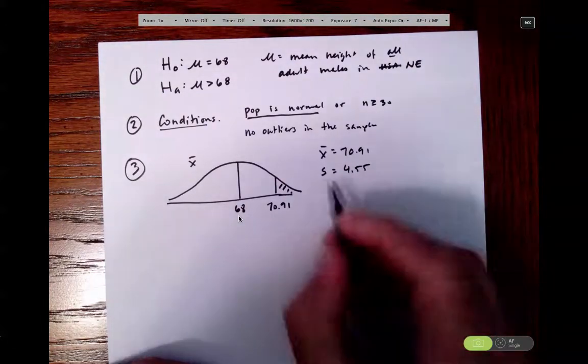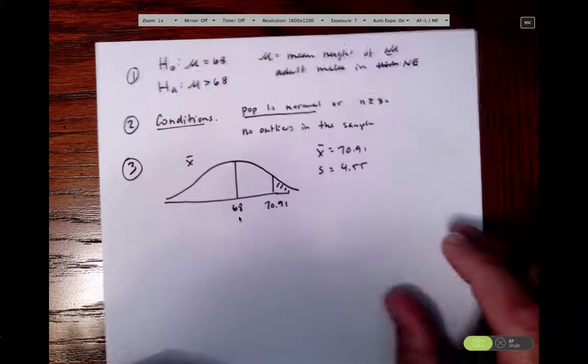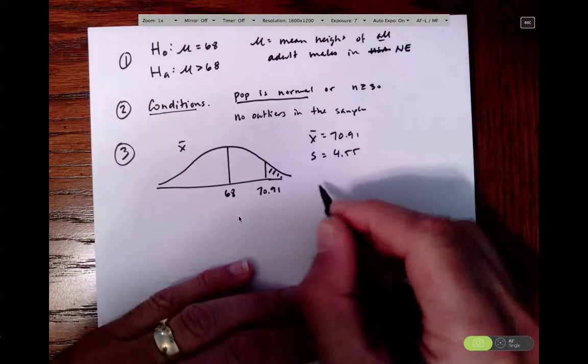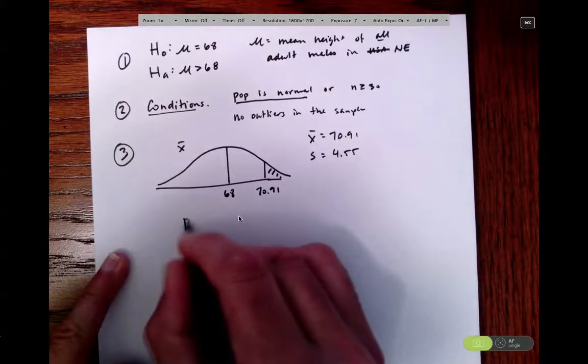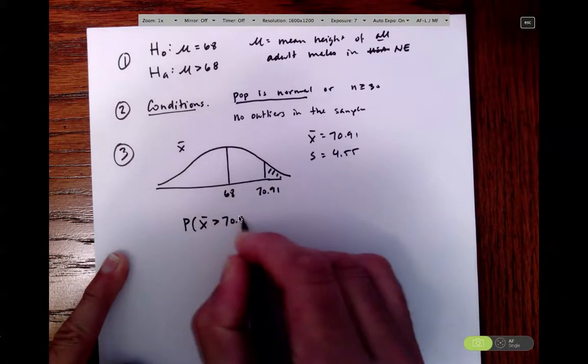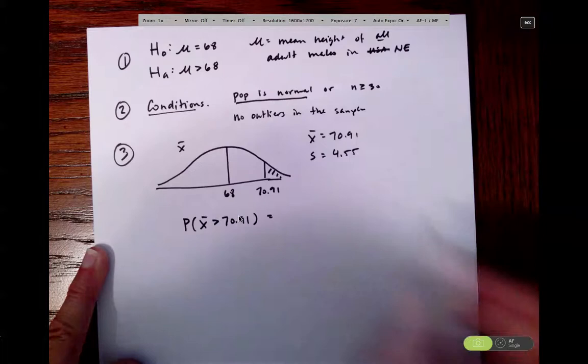Again, this is a sample standard deviation. So in order for me to answer this question, I'm going to have to use a t-distribution. To find the probability that x bar is bigger than 70.91, I'm going to have to calculate a t-statistic for this.